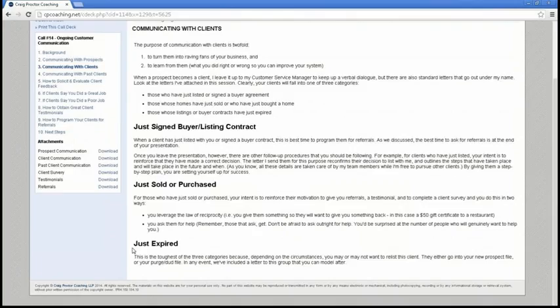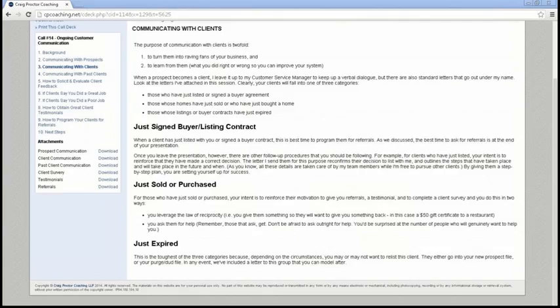I may still give them the $50 gift certificate. I have a letter that will show you that goes out to expired listings. Basically, I'm trying to take the blame away from me and blame it on the market. That's what I'm attempting to do. In other words, it's not my fault. It's the market. It's not your fault. It's not my fault. It's just the way it is. And we're going to try to neutralize anybody that's unhappy.